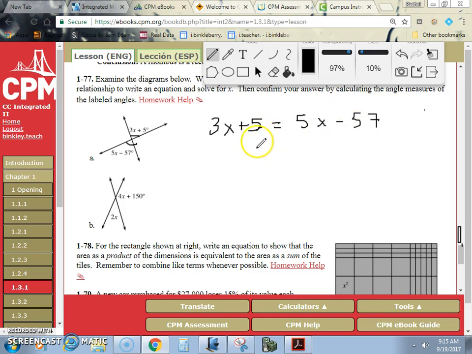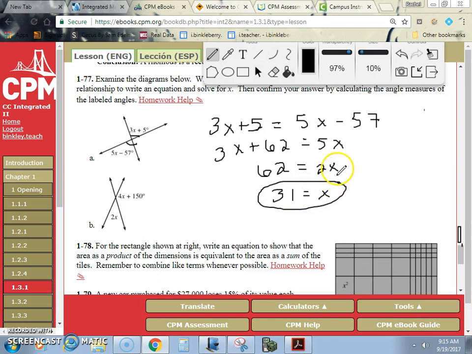The first thing I'm going to do is add 57 to both sides. So 3x + 62 = 5x. Then subtract 3x from both sides, so I get 62 = 2x. Then divide both sides by 2, and I get 31 = x.